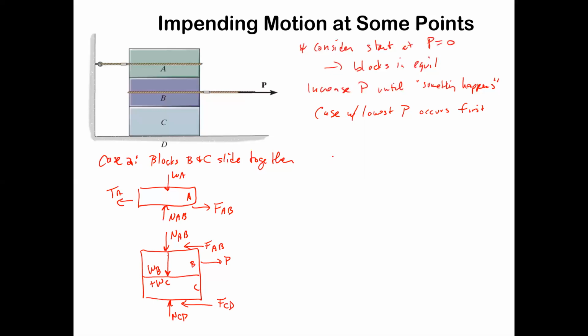And block A hasn't changed, so we could just say it's the same. So NAB is going to equal 20 newtons.